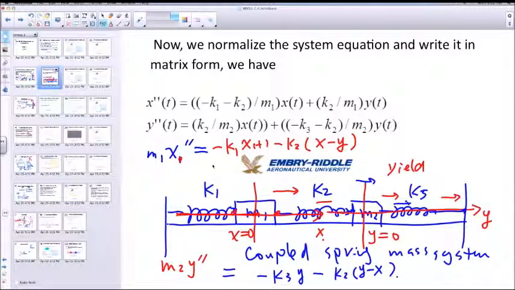Now, once we get this equation, all we need is to divide by M1 in the first equation, and we rewrite a little bit. See, this x combined with this x is negative K1 minus K2, that's K1, negative K2, and this M1 divided from the other side. And the second term, K2 Y, negative, negative, makes it positive.